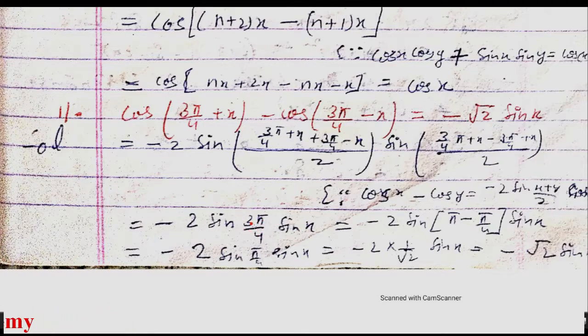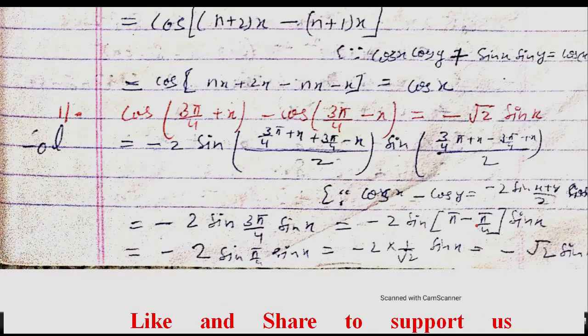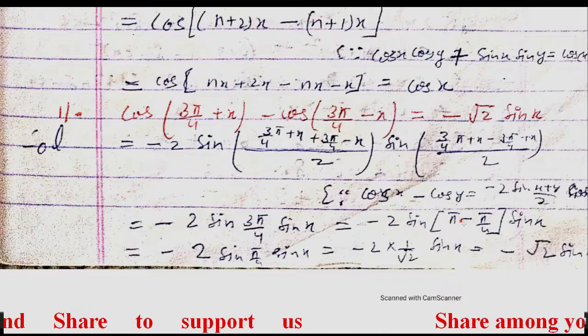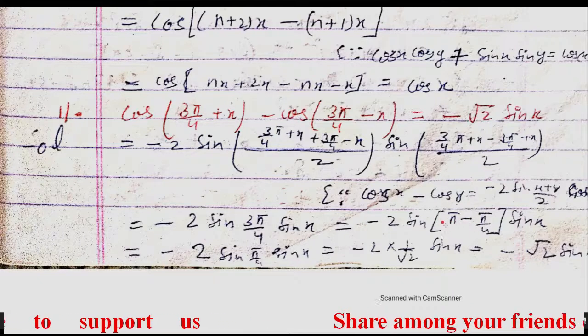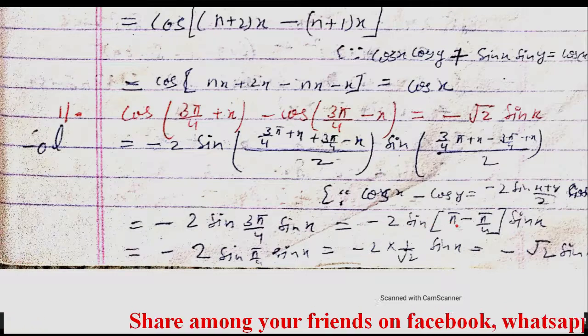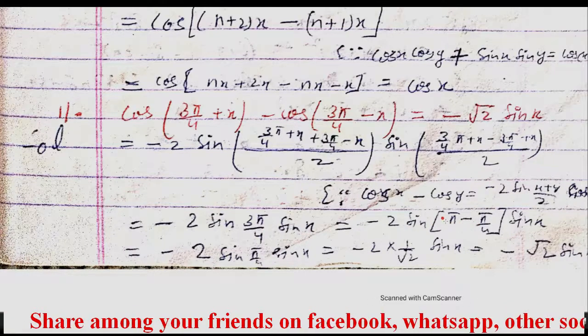Now 3 pi upon 4. In the trigonometry table which we learnt in 10th, 3 pi upon 4 is not present, so we are going to split it. When we split it, it's going to be pi minus pi upon 4. Why have we done this? Because when you take the LCM, which is 4, then 4 pi minus pi is 3 pi upon 4. So we have to write its value now.